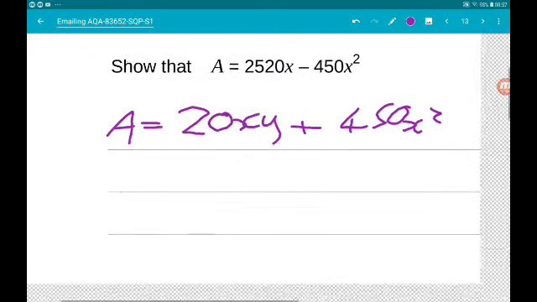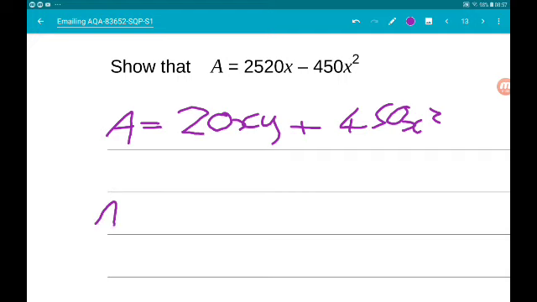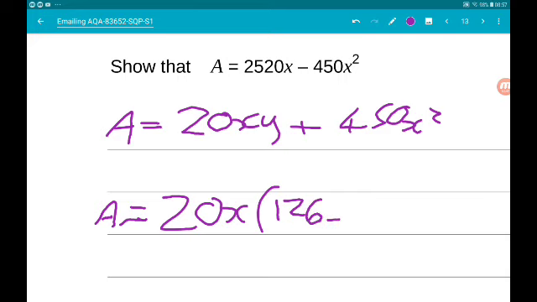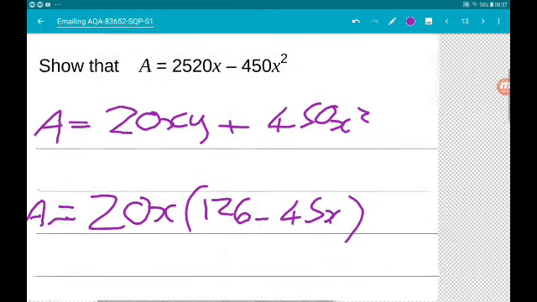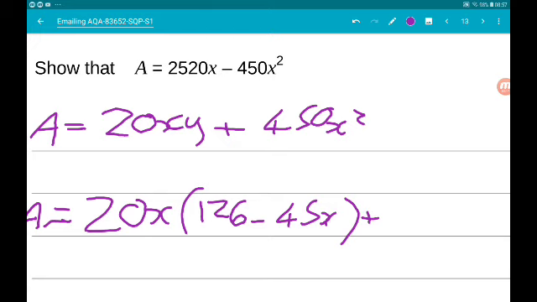So we're going to get A is 20x times (126 minus 45x) add 450x squared.